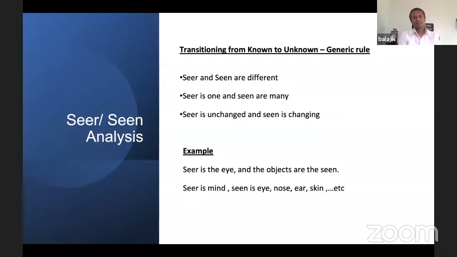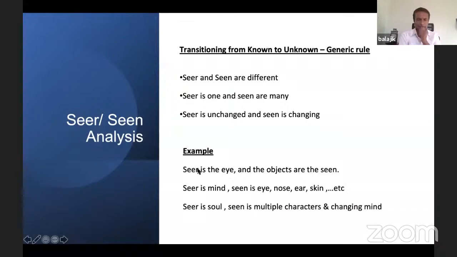So that witness, what is experiencing this, is nothing but our soul. And what it is seeing right now is getting all the data from the mind. So the seer is the soul, and the multiple characters and the changing mind are the seen.